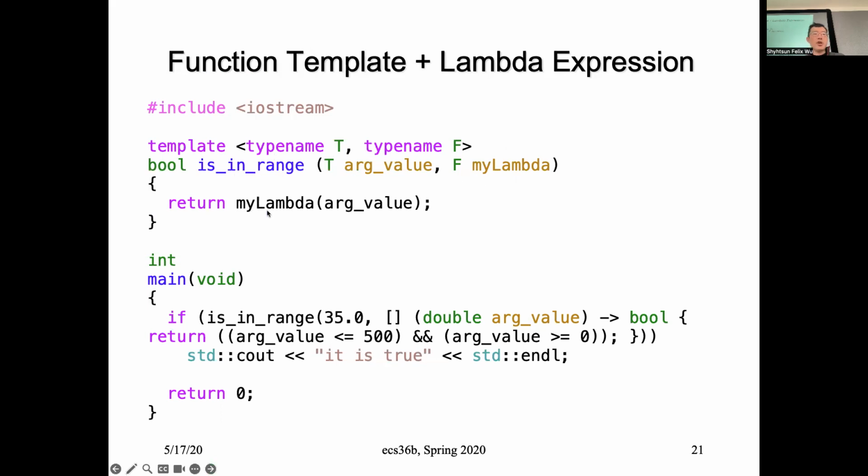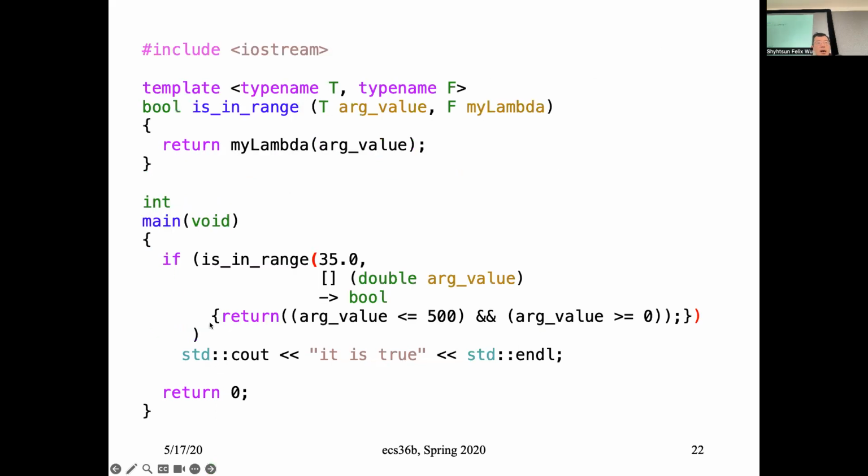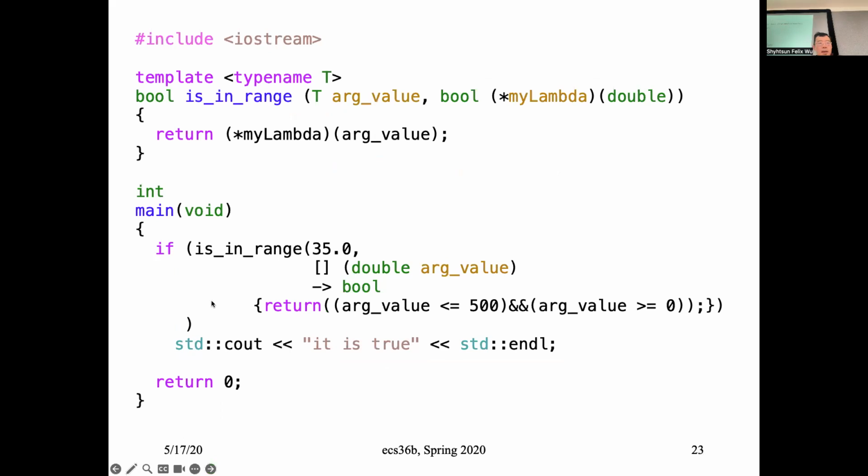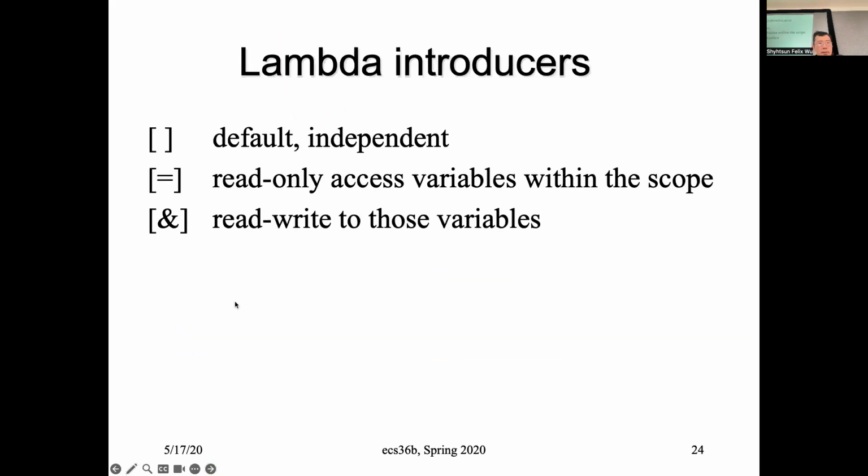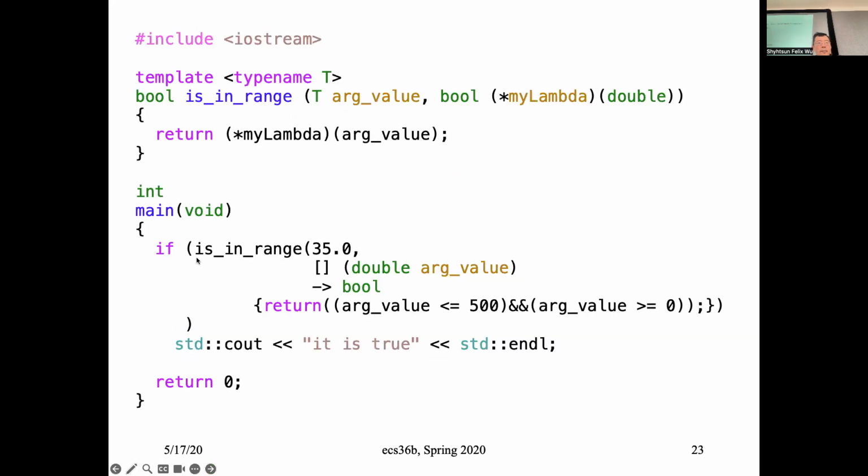Then you can just return my lambda argument. When you call it, I just call is in range 35.0, but for the second parameter, I just provide this lambda expression over there. By the way, I don't like this style, but it's doable, although the code gets harder to read.